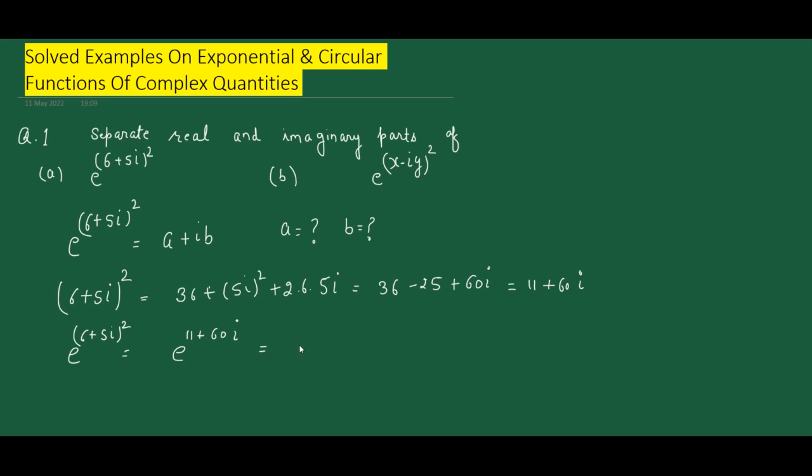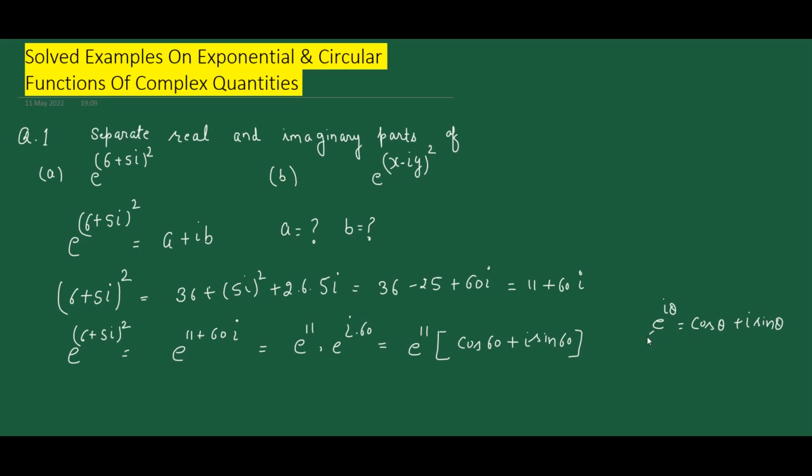Now you can rewrite this as e raised to power 11 and e raised to power iota times 60. So this is equal to e raised to power 11 times (cos 60 plus iota sine 60), because we know that e raised to power iota theta is nothing but cos theta plus iota sine theta.